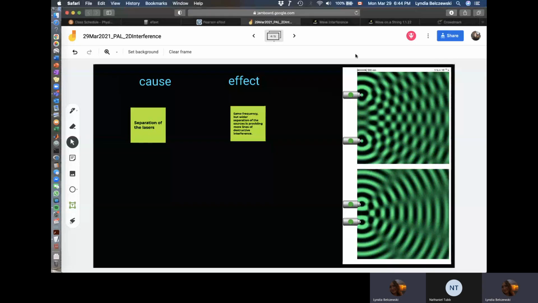All right, let's see. We're ready to continue. Let's take a look. So absolutely, the separation of the lasers is what I changed. I didn't change the wavelength, or in this case, the color of the laser. So they are at the same frequency, absolutely.